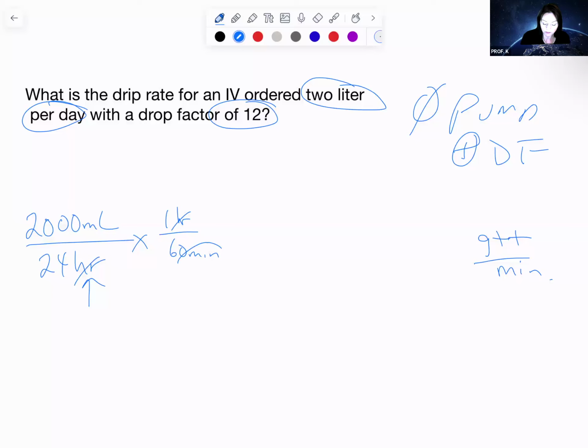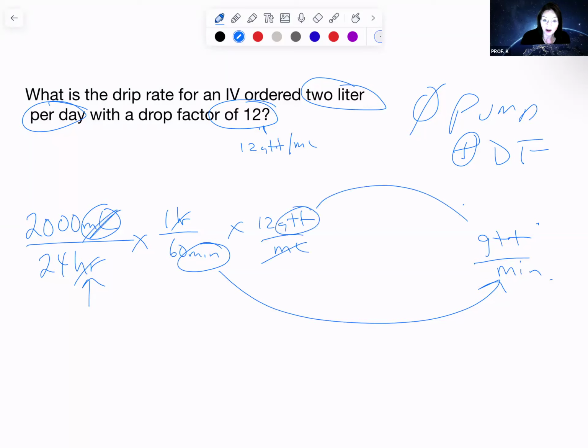How do I change milliliters to drops then? Well, I got a drop factor of 12. And that means what? 12 drops per milliliter. So I'm going to use it. 12 drops per milliliter gets rid of my milliliters. Now I have drops in my numerator. I'm ready for math.